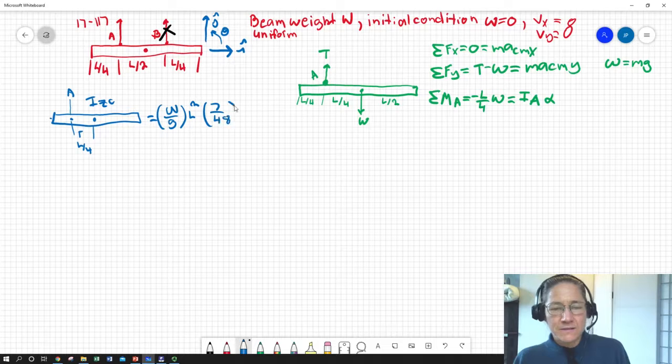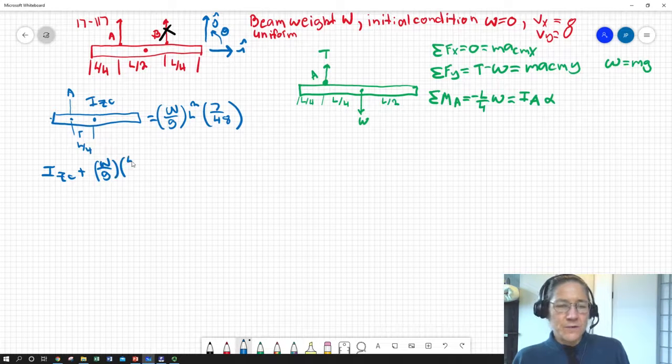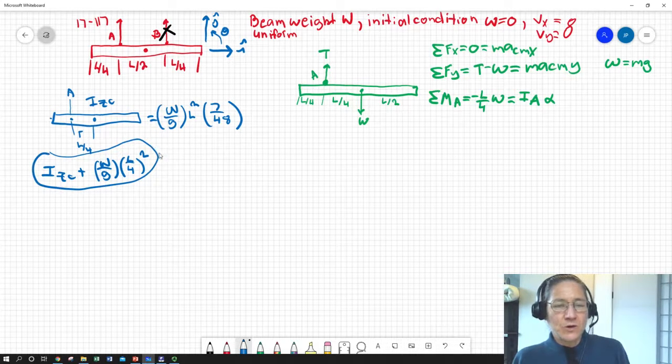It's an odd number. I believe that came from adding I_ZC plus the mass times L over 4 squared. And again, I_ZC, that would be a handbook lookup, is this whole expression.